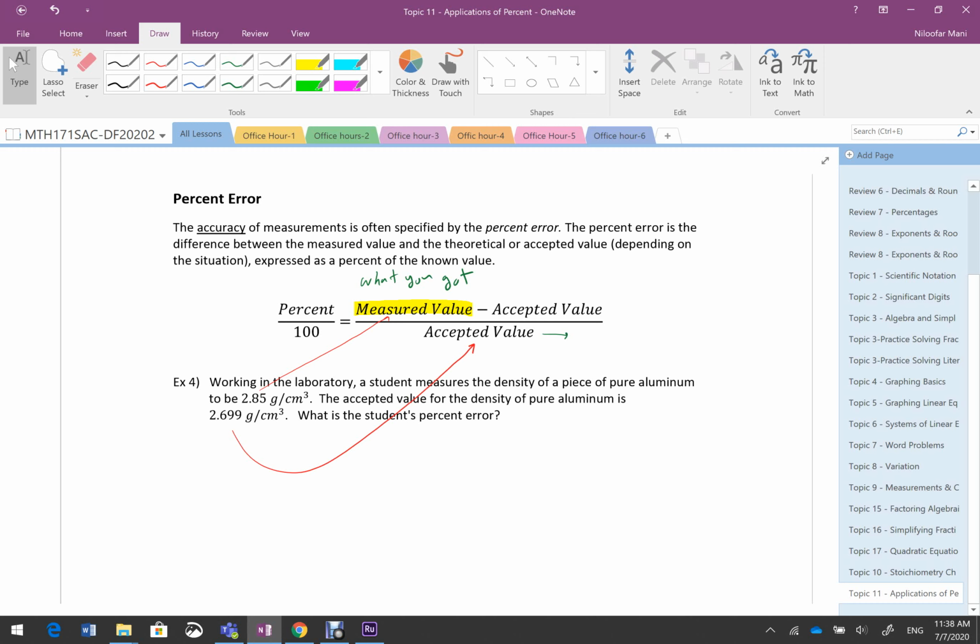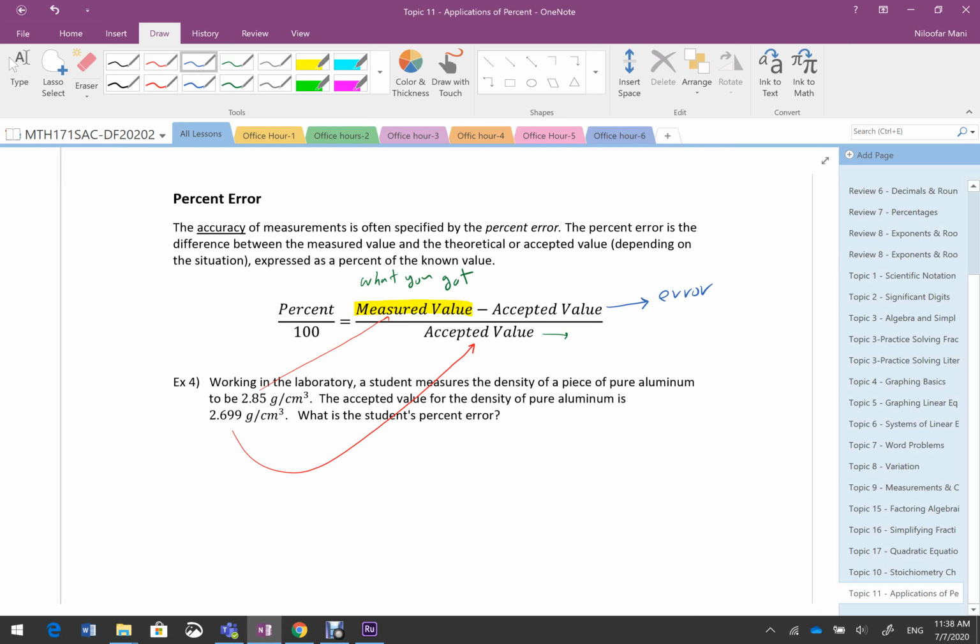I want to compare the error, which is here, with the accepted value. This is the accepted value. This is the true value. The accepted value comes from the lab manual, comes from the book, comes from your teacher.